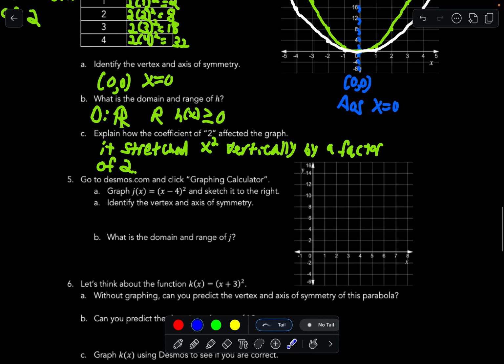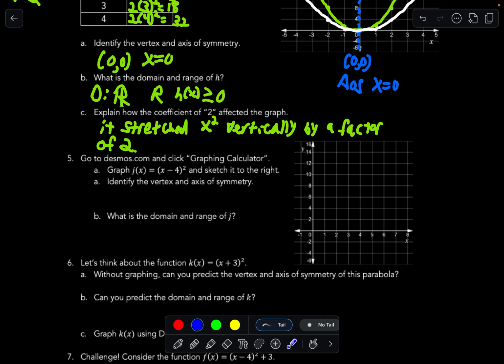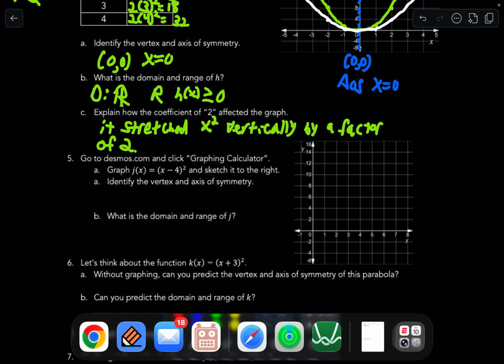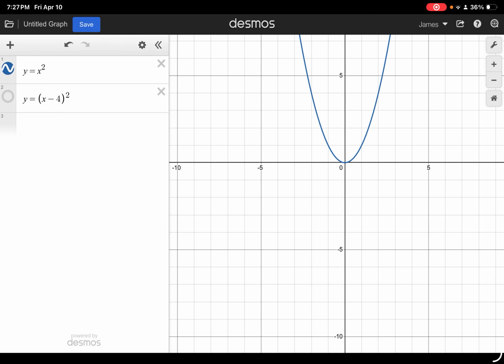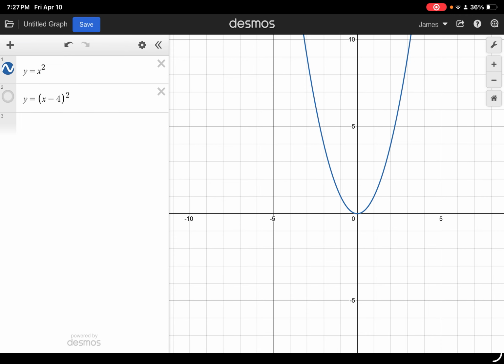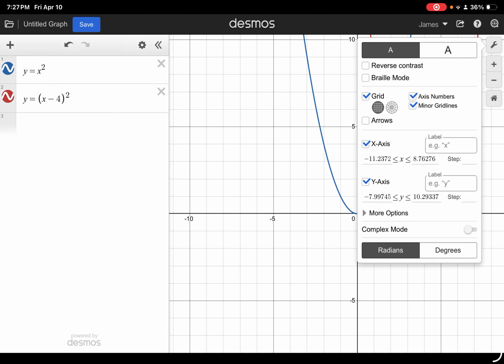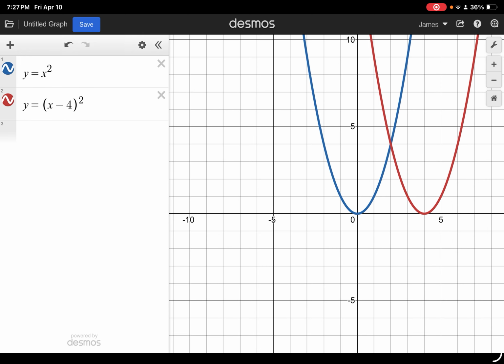All right. Now they said go to Desmos and click Graphing Calculator and graph (x minus 4) squared and sketch it to the right. Okay. Here I gave you the graph of x squared, and now here's the graph of (x minus 4) squared. Notice that is just the x squared graph shifted to the right 4 units.